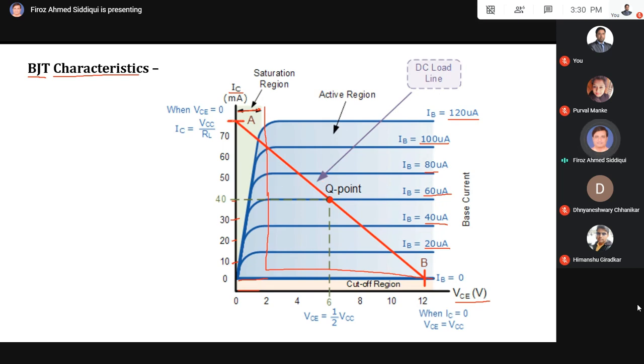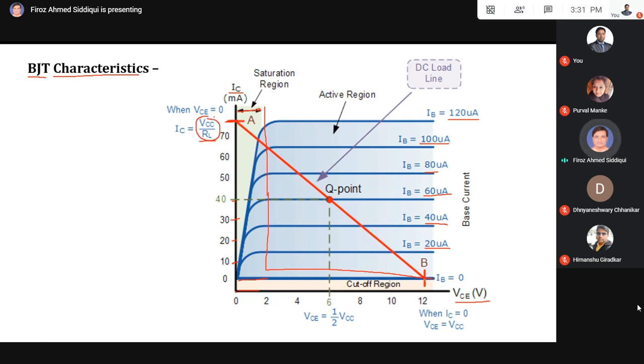So this point here is VCE equals 0. Say this is the VCE voltage on the x-axis, and here it is 0. If we take VCE equals 0, then IC will be equal to VCC by RL. So this point is IC, which is equal to VCC by RL.